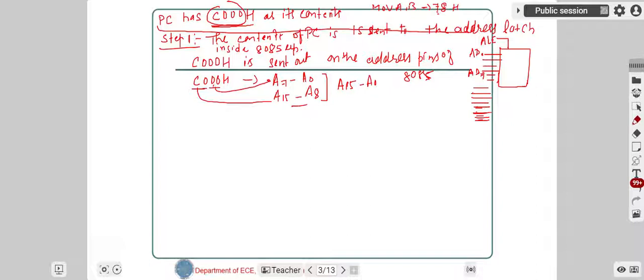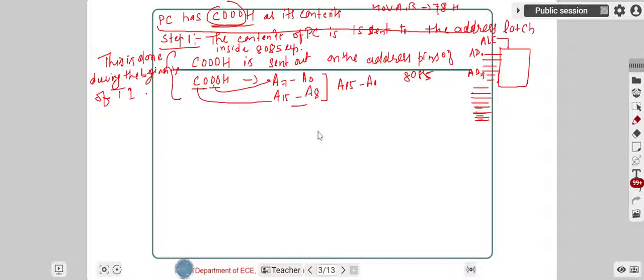Okay, and this is done. You have to remember, this is done during the beginning of the T1 state, T1 clock cycle.